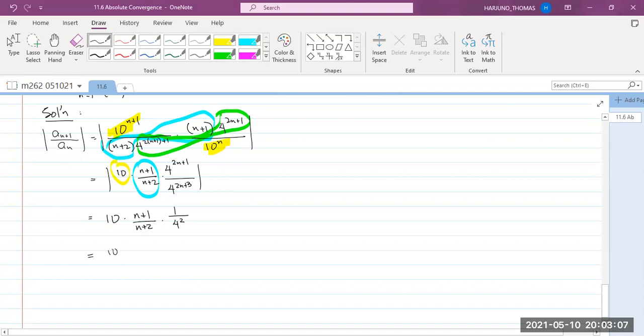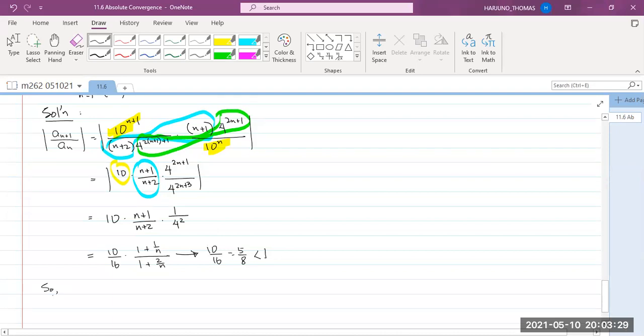That will be 10 over 16 times 1 plus 1 over n over 1 plus 2 over n. This will converge to 10 over 16 or 5/8, which is less than 1.